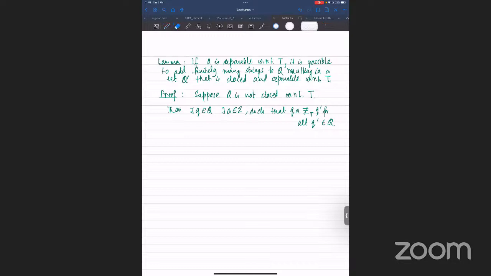So if this is the case, then Q union qa is also separable with respect to T. And we can repeat this process until Q is closed.